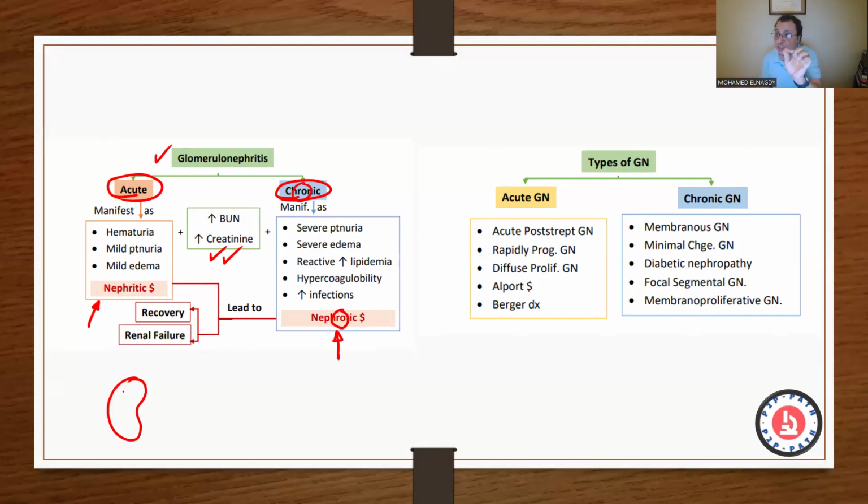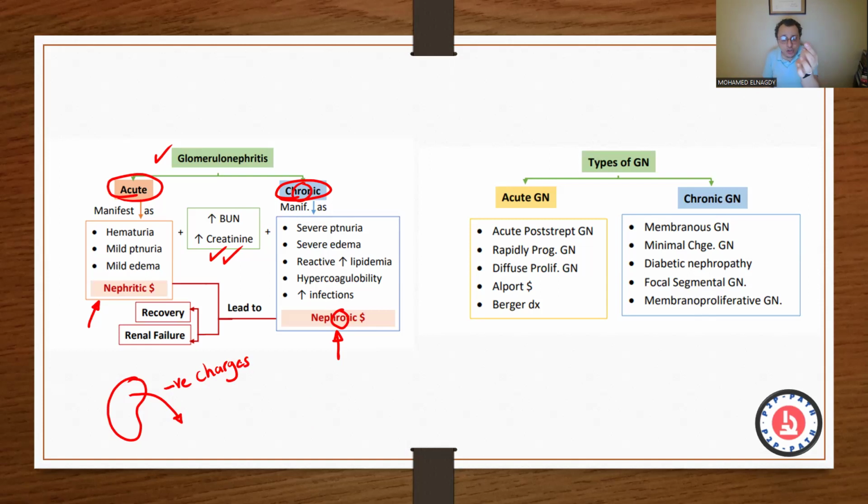The chronic inflammation usually affects the glomerular basement membrane. And this glomerular basement membrane is the key element which prevents the filtration of the proteins, because as you know, the glomerular basement membrane has negative charges. The negatively charged molecules are some kind of heparan sulfate molecules and some kinds of glycosaminoglycans.